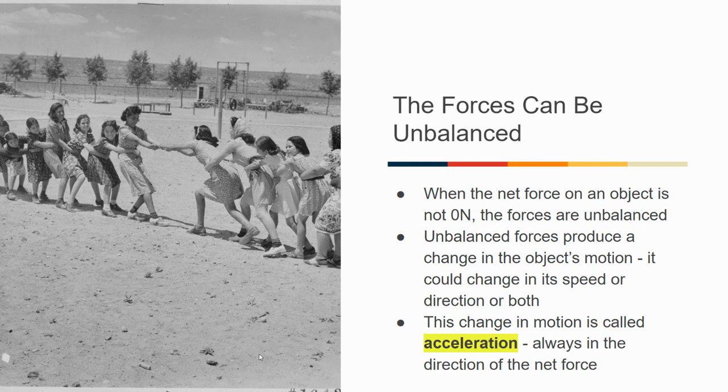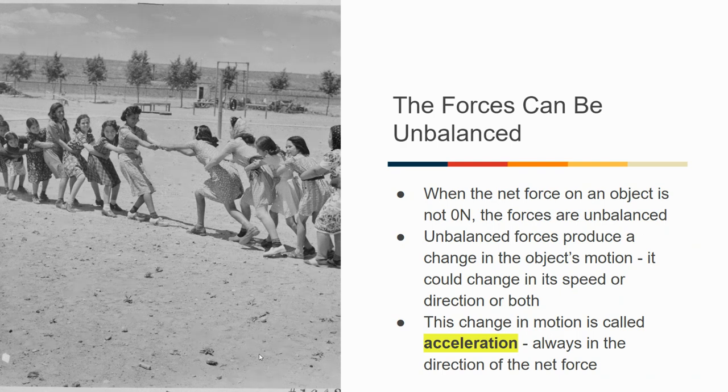Okay. And here's another time where the words that we use in science do not match the words that we use in everyday speech. When we think of acceleration, we think of going faster. Acceleration simply means change in speed, change in motion. So when I slow my car down, that is acceleration. But we call that negative acceleration or deceleration.